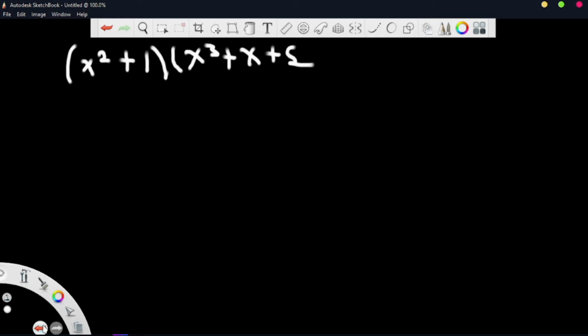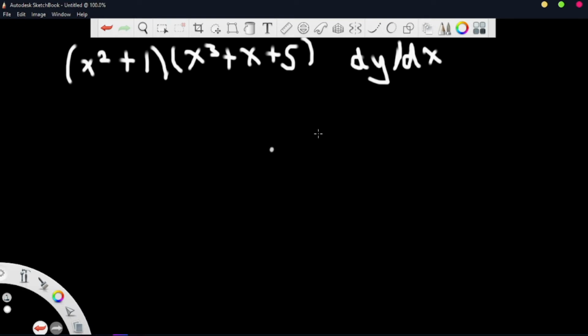So we want to multiply this in terms of dy dx, so that our final answer is differentiated.